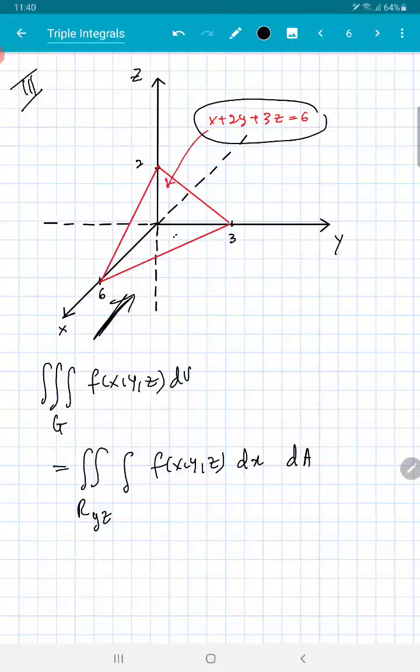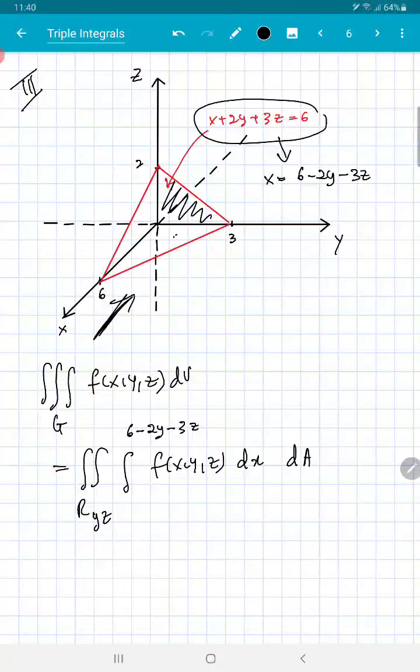But then you have to rewrite it as x as a function of y and z. So x here is 6 minus 2y minus 3z. That would be the upper limit for x. And the back surface would be this plane, which is on the YZ plane where x is 0.